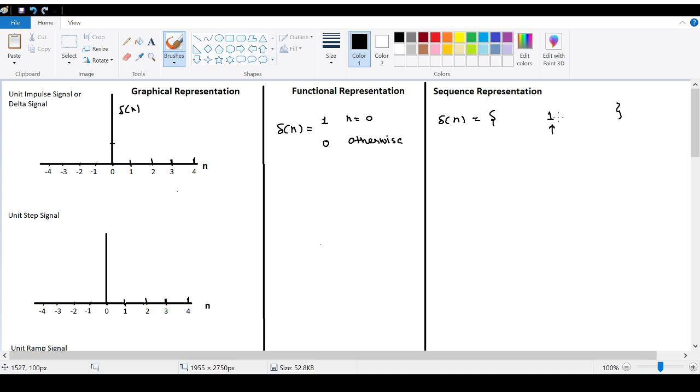Whenever we move to the right side, it is the n is equal to 1 position, n is equal to 2 position, n is equal to 3 position, and so on. Whenever we move to the left side, it is the n is equal to minus 1 position, n is equal to minus 2 position, n is equal to minus 3 position, and similarly so on. In this way we can represent the unit impulse signal.